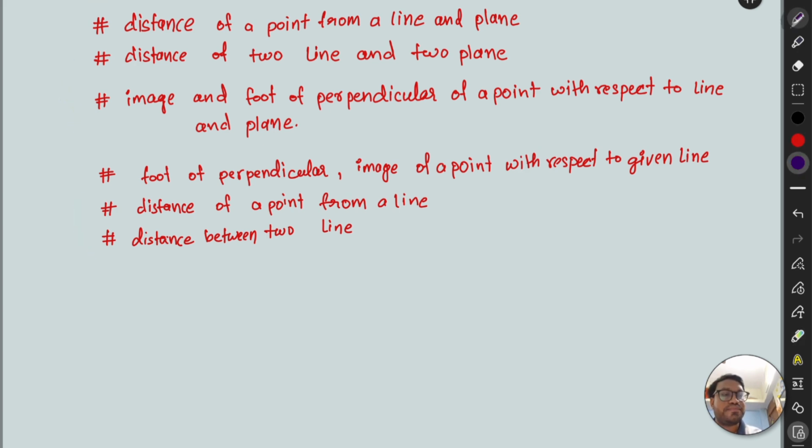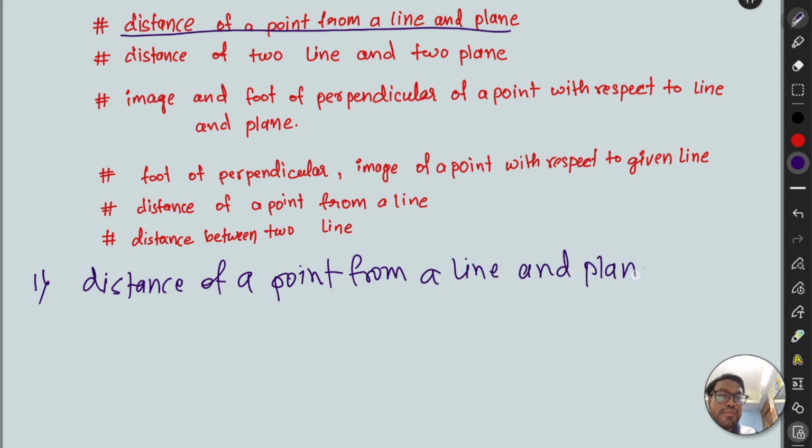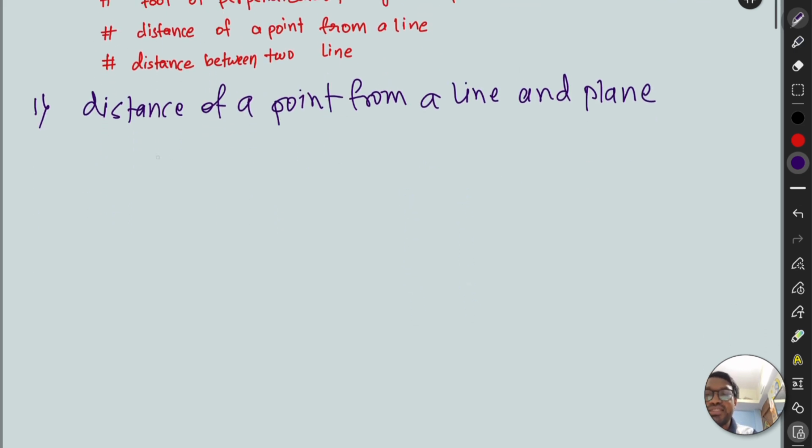So, as we have listed here, first we will study the distance of a point from a line and a plane. Before going to distance, let's write the general equation of a line: ax plus by plus c equal to 0.